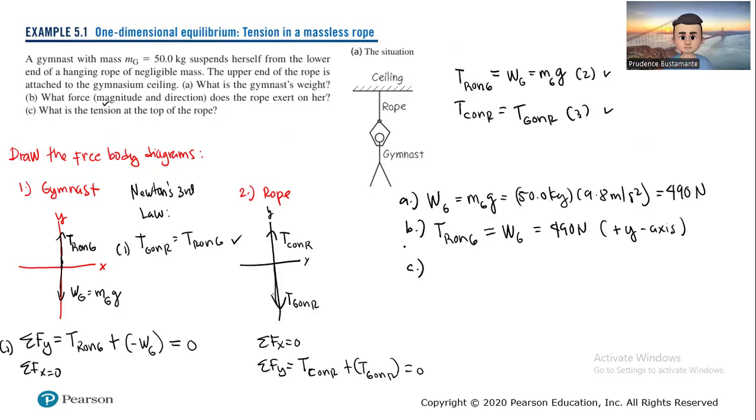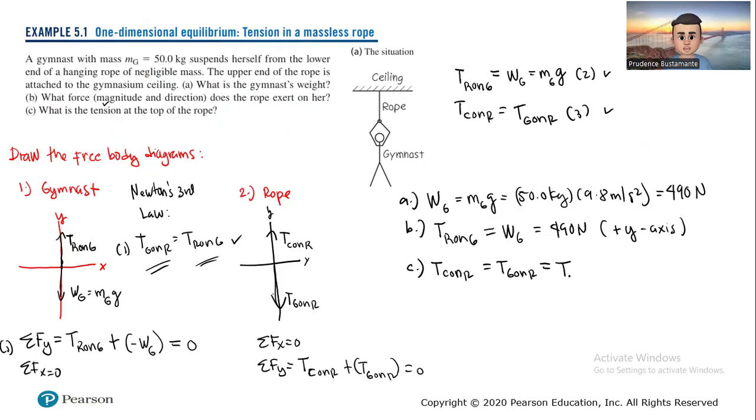For letter C, what is the tension at the top of the rope? So this is actually the tension of the ceiling on the rope. From equation 3, this is just equal to the tension of G on R, or the tension of the gymnast on the rope, which is equal to the tension of the rope on G by Newton's third law of motion.